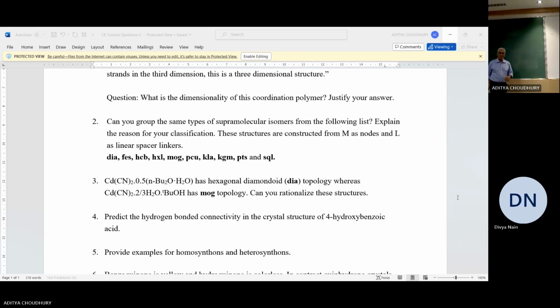Tetrahedral, right? It is shared. So each bond, each spacer, is shared by two different metals in tetrahedral. So what is the ratio? M? This is the way it is shared, right? Then it goes.